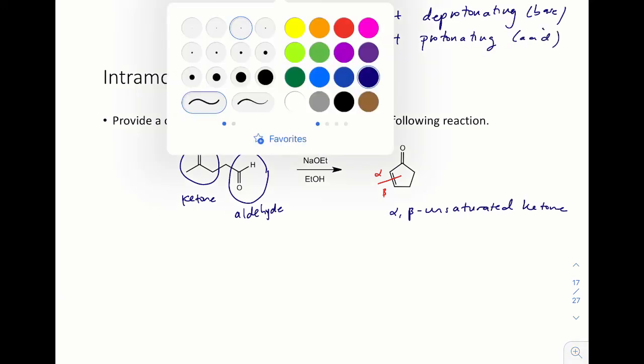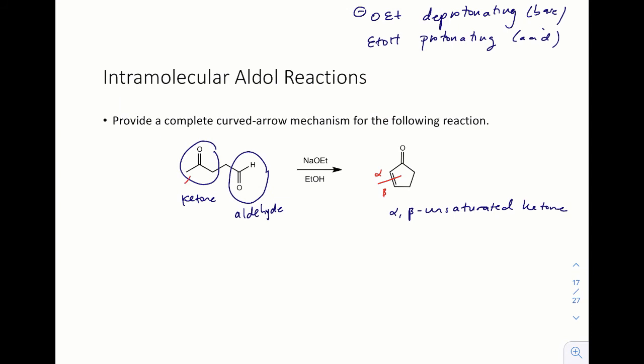It does appear that the ketone enolate right here has condensed onto the aldehyde carbonyl, and just given our analysis of the product, if an enolate at the alpha carbon did attack the aldehyde carbon, that would generate a 1, 2, 3, 4, 5-membered ring.